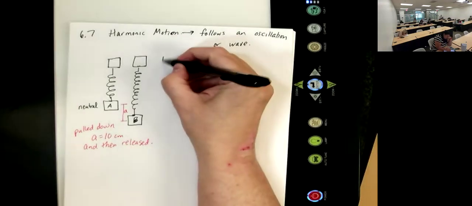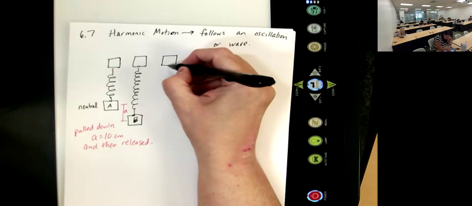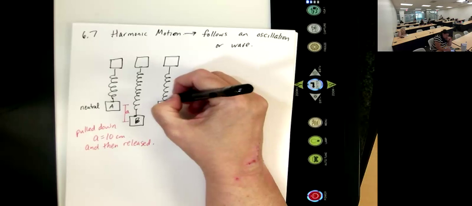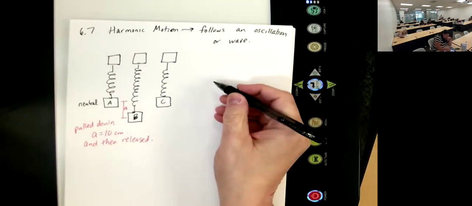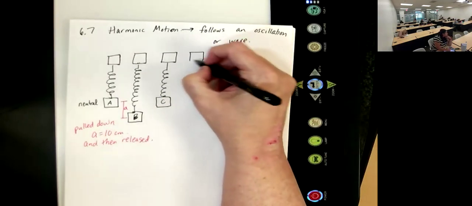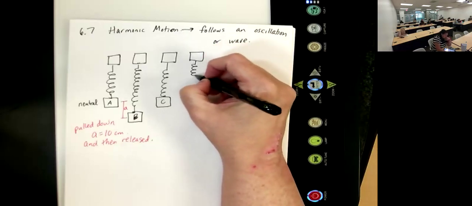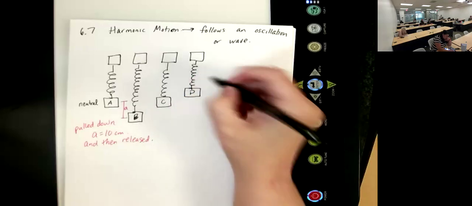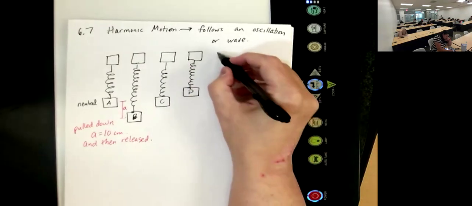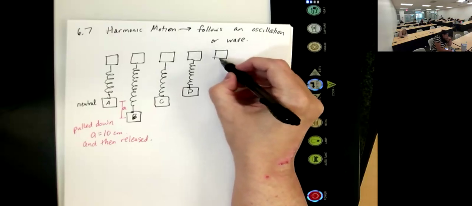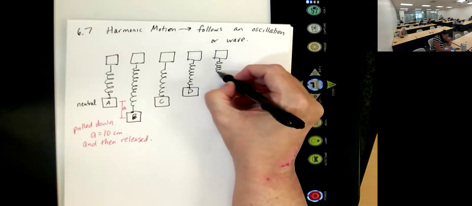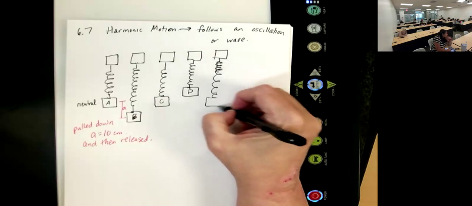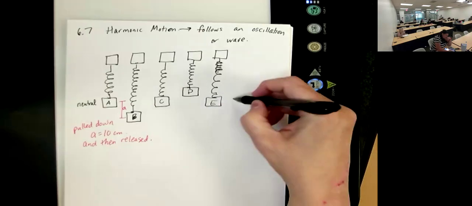The spring will go back up to the neutral position. I'll call that C. And then it's got momentum, so it's going to compress the spring a little bit. Go up to D. Then the spring is compressed so much that it pushes it back out, and it gets back down to E. And it keeps going up and down.